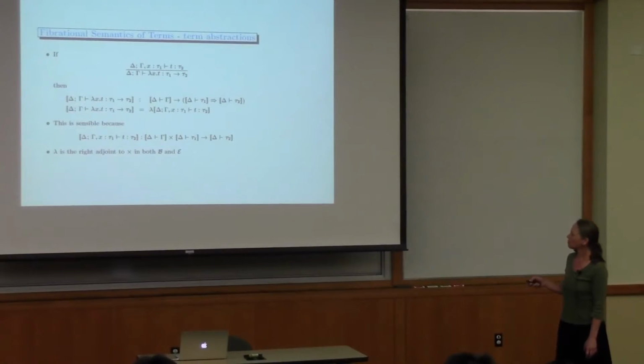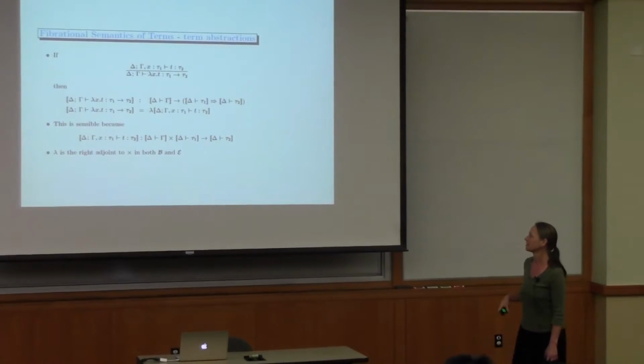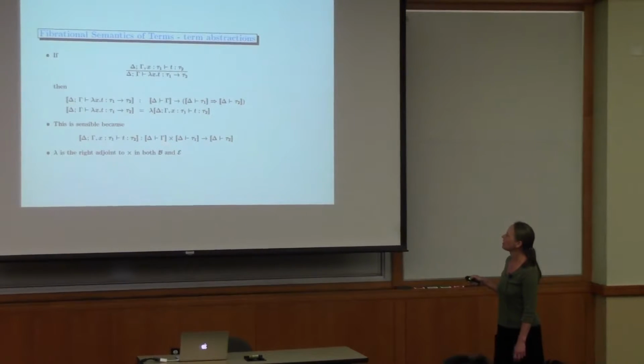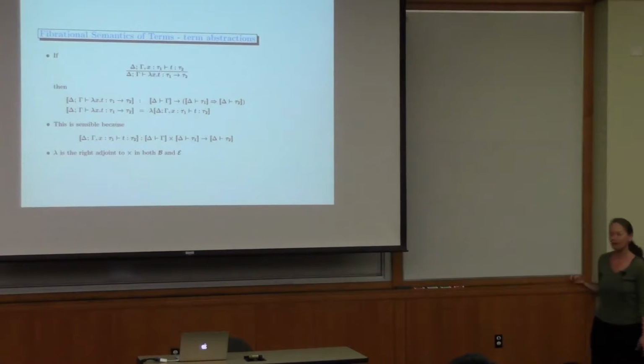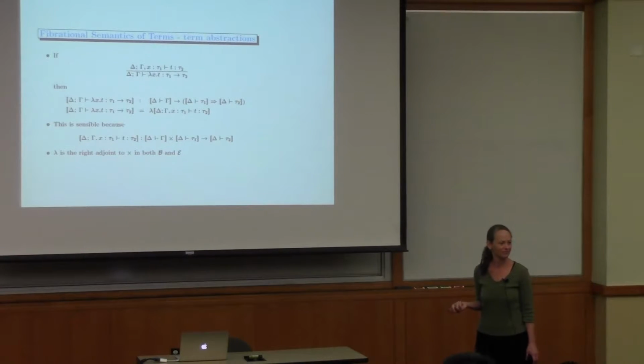And because lambda is that lambda, it's the right adjoint to product in both B and E, that means I can apply lambda to something that looks like this, right? And I get something that has an exponential in it. So if I apply lambda to something of this type, I exactly get something that has the same context, and now I have the exponential between whatever was the last component and the thing that was the return type. Okay? So my lambda is like tailor-made to interpret my lambda terms.